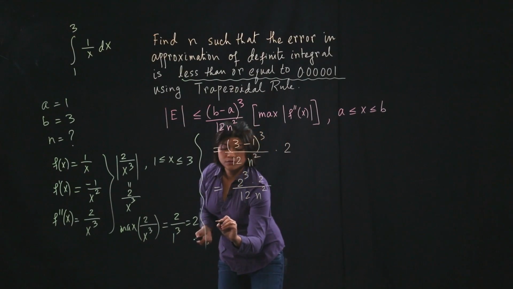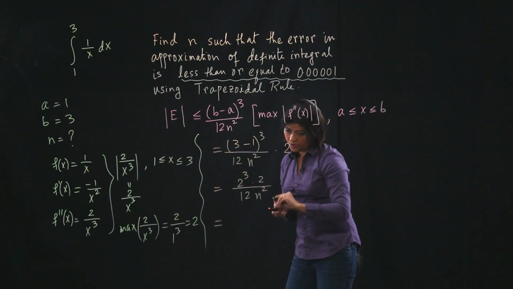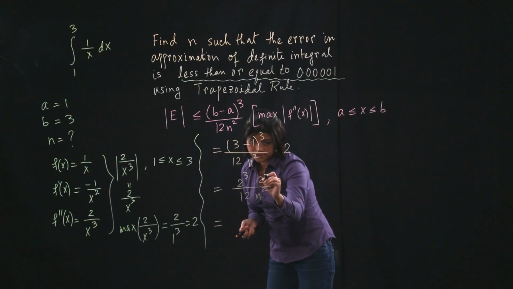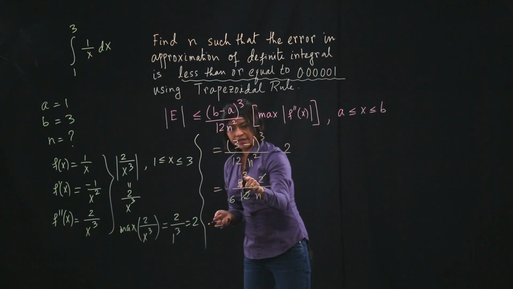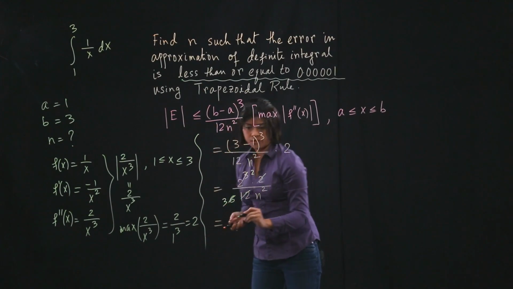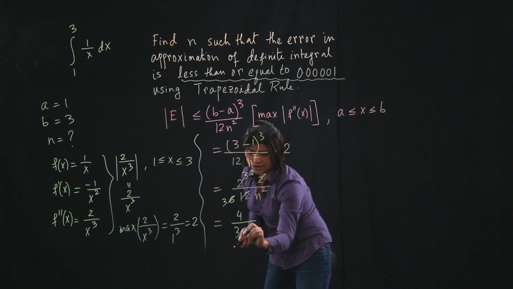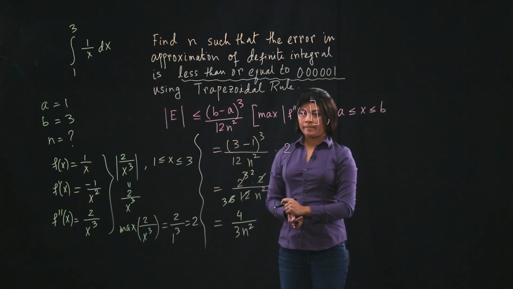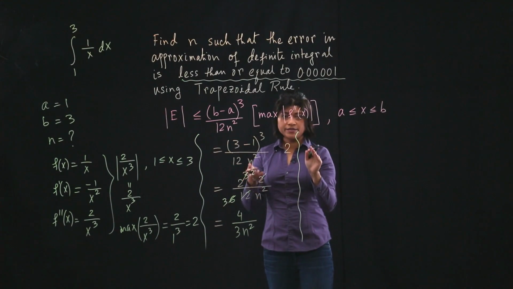Okay, so let's see. You can cancel if you want, and you can cancel one more 2 from here. So you have 2 squared, that's 4 over 3n squared. All right. Now don't forget what we are doing, right?